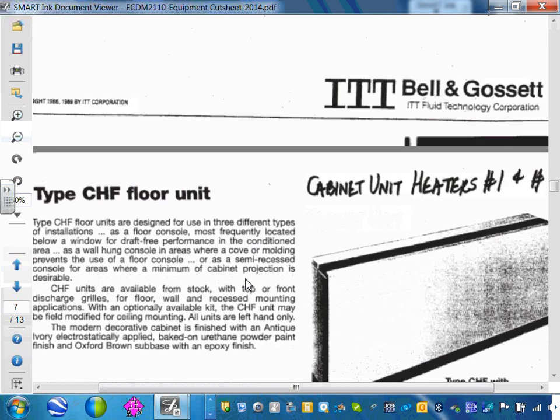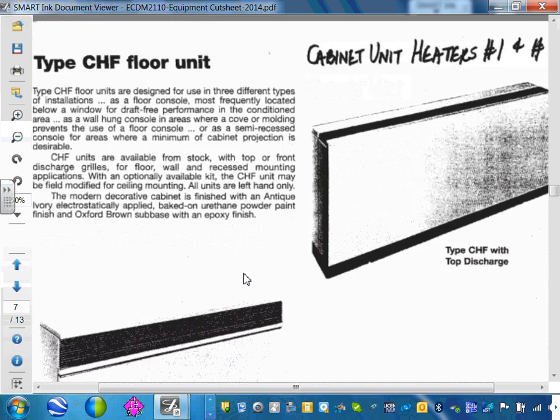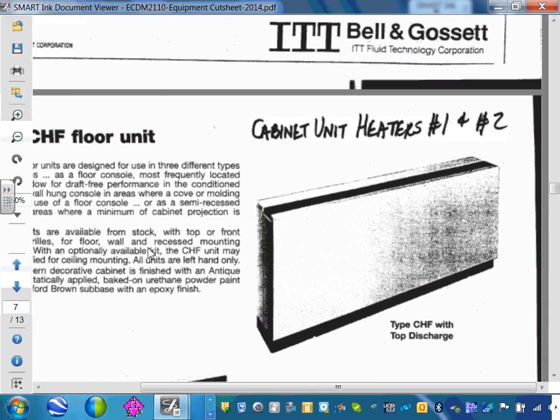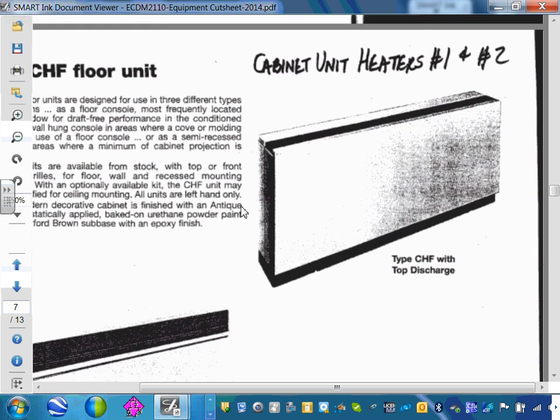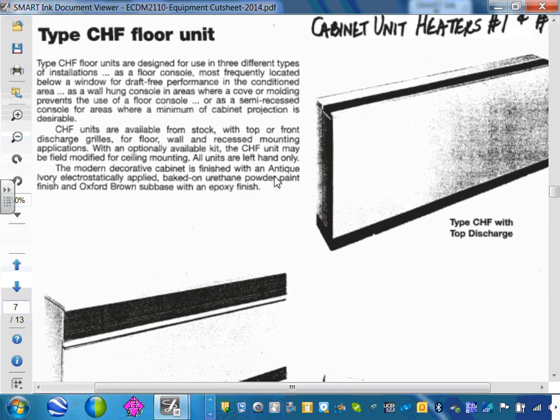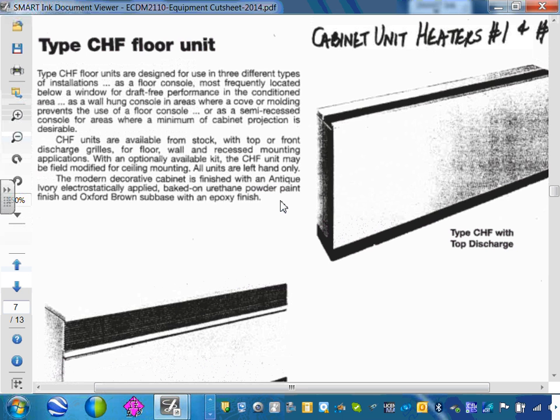Okay. Moving on to cabinet heaters 1 and 2. Sorry. These are already placed in there. We're using the risers. We're making the risers and wiring them. You're getting information from here to size the branch circuits, because we need to feed them.